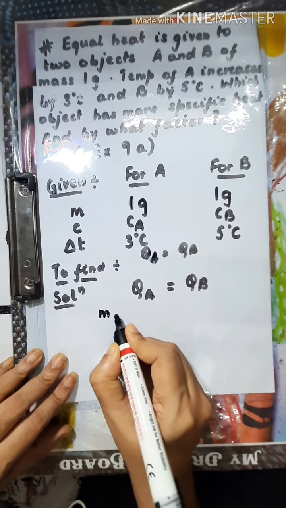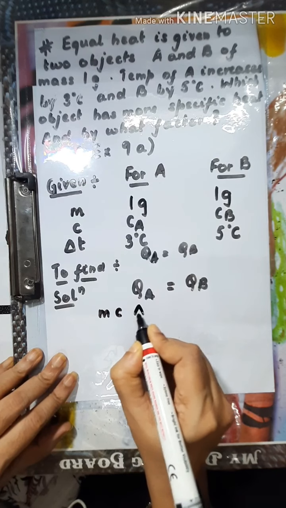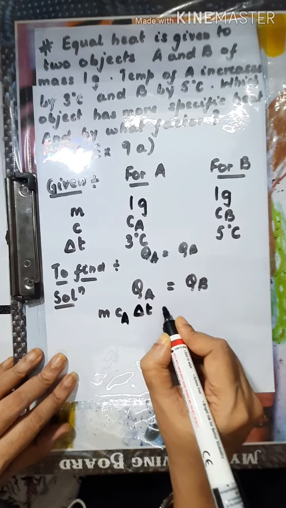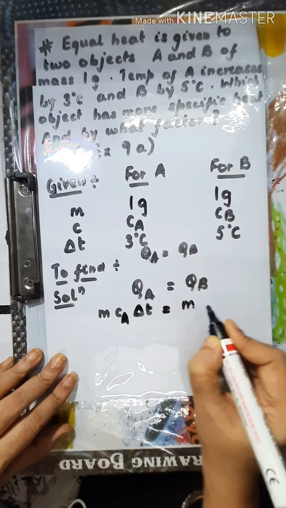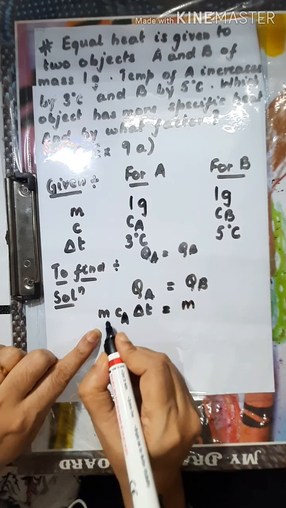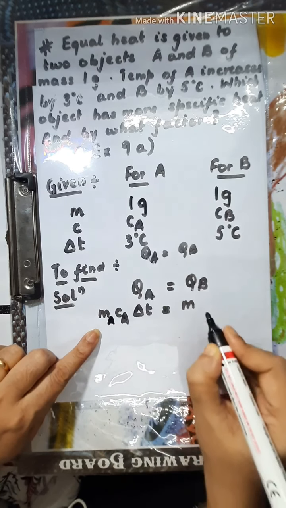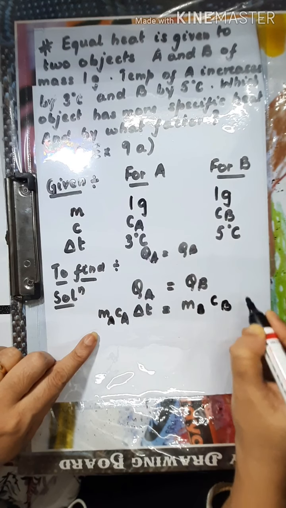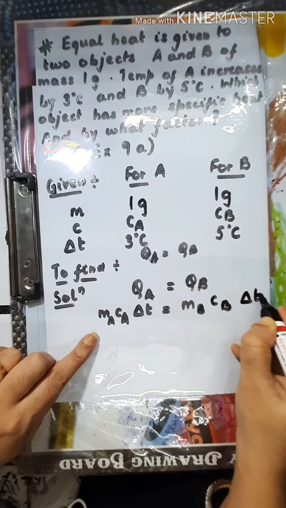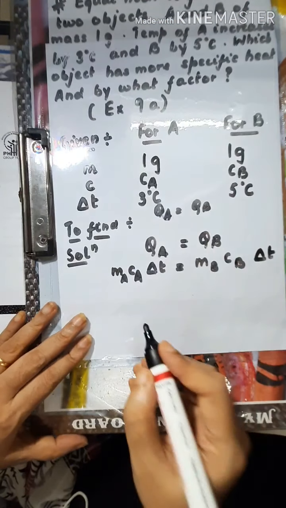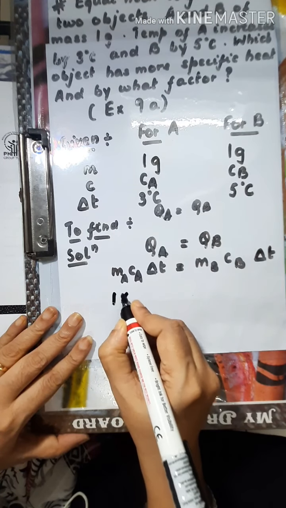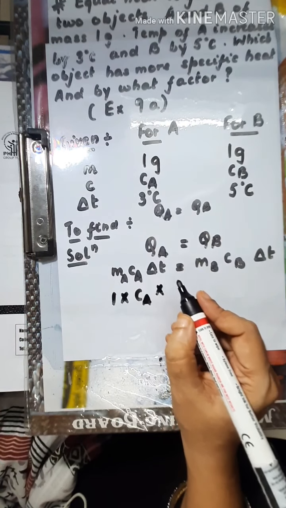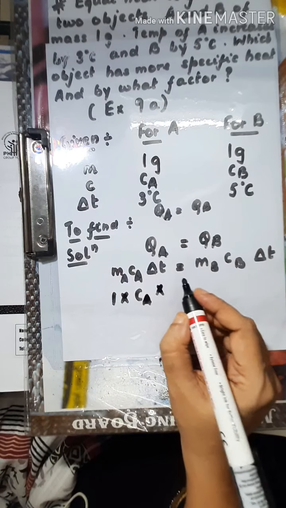Q is M, C and delta T. But this is my object A, so I will say CA, and here again M, mass of A. This is mass of B, CB and delta T. The increase in temperature for A and B is separate. Now this is 1, CA I don't know, and delta T is 3.